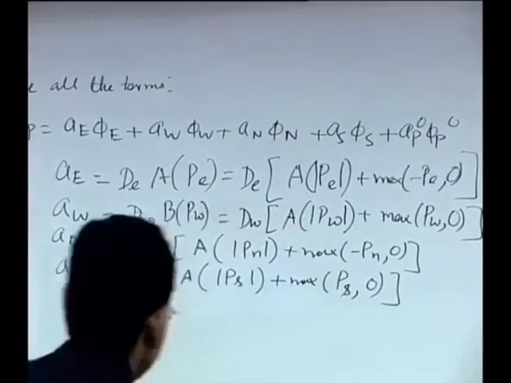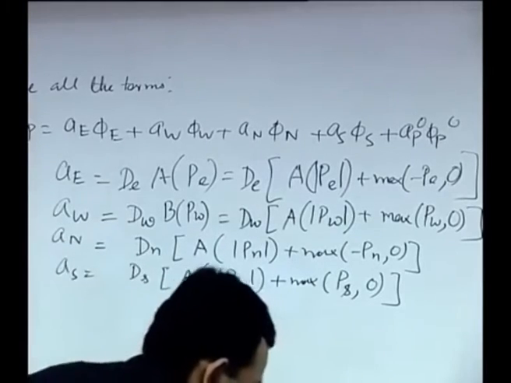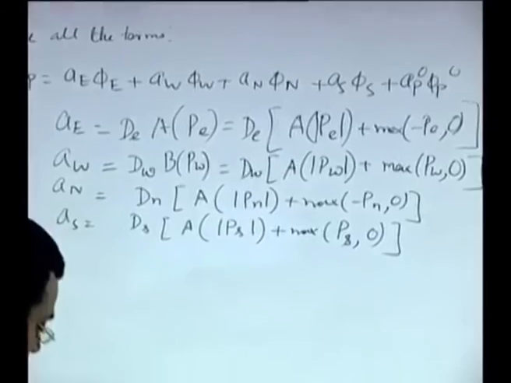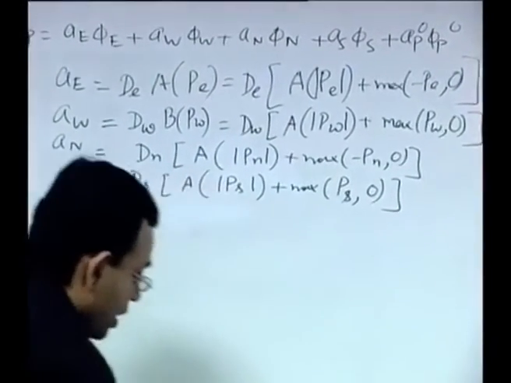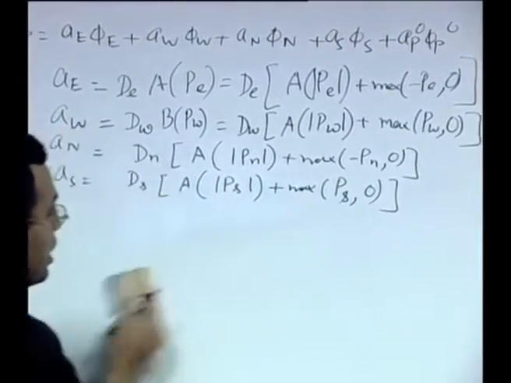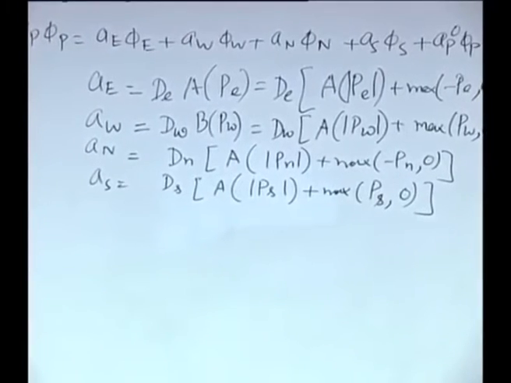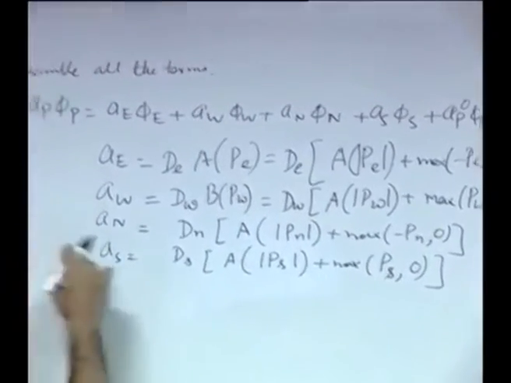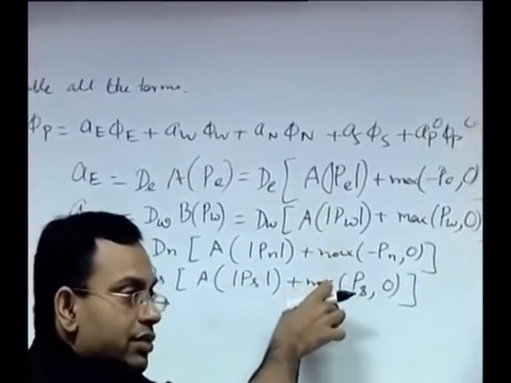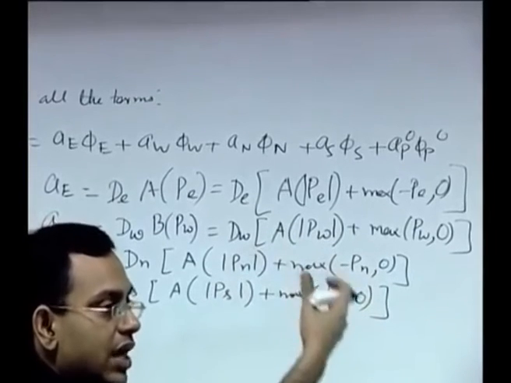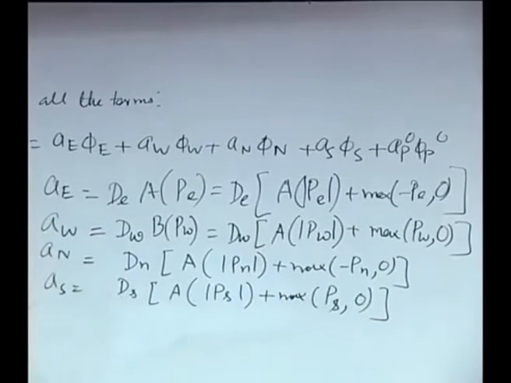So, we have seen a 2 dimensional discretization, and in the 2 dimensional discretization we have generalized it in terms of A of mod P, where the expressions of A of mod P are same as those which we have derived for the 1 dimensional case.